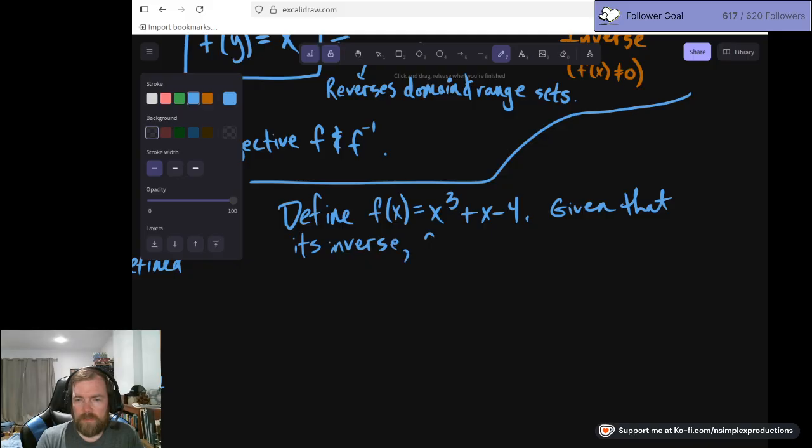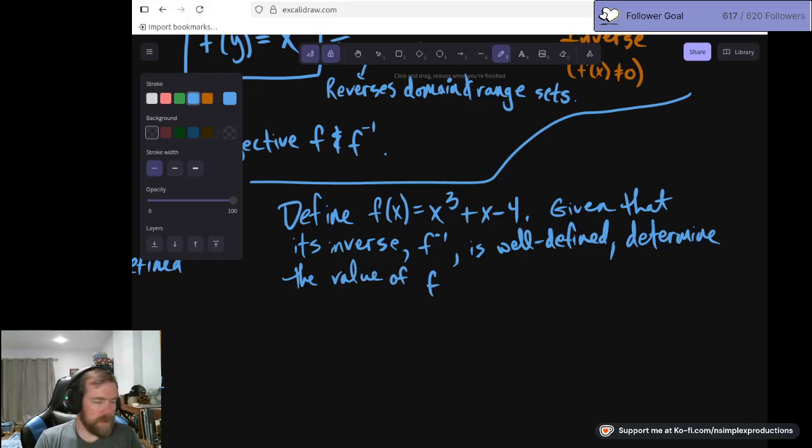Given that its inverse f inverse is well defined, so again, these things are one-to-one functions. Determine the value of f inverse of -2.